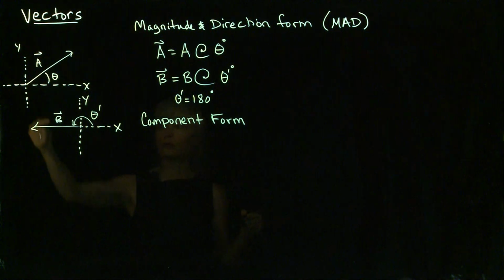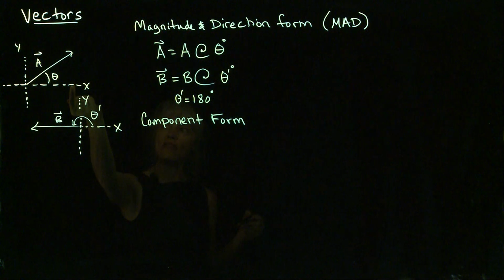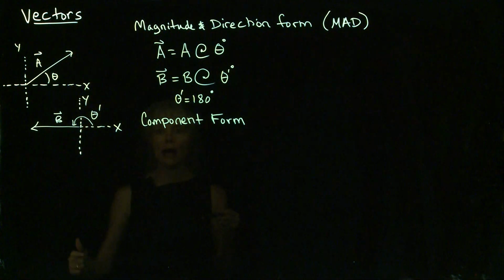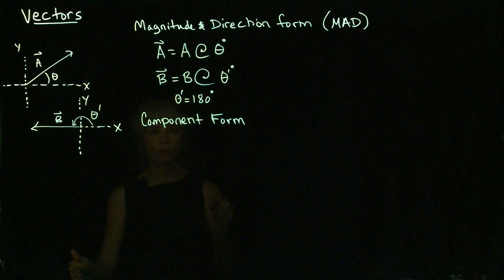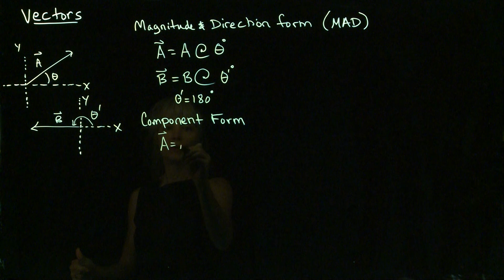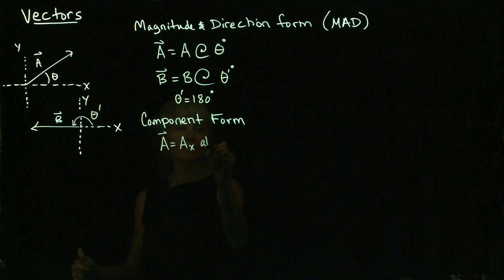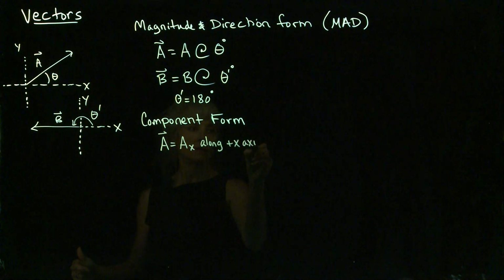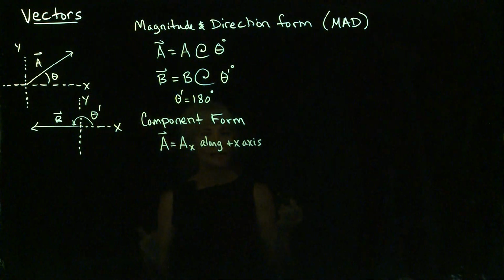As I was saying earlier, I could also tell you how far to go along the x-axis and then how far to go along the y-axis, and that is the information given in component form. So vector A is going to be equal to some distance ax along the x-axis, and it's the positive x-axis, I mean, it's in the positive direction along the x-axis.